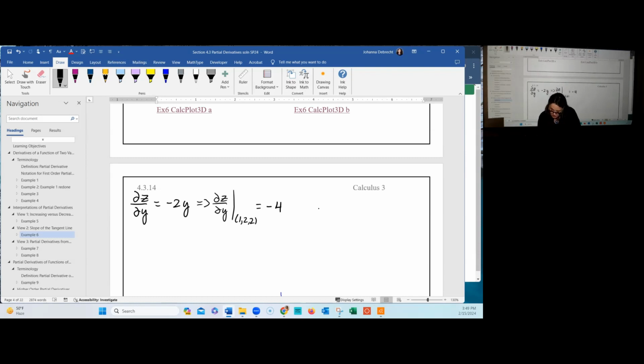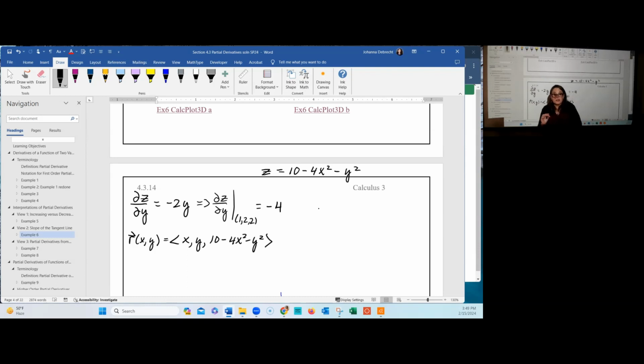Our equation that we're basing all of this on is z equals 10 minus 4x squared minus y squared. So the next thing that we want to do is represent it as this vector valued function of x and y, which means that x and y stay x and y, and z becomes 10 minus 4x squared minus y squared.